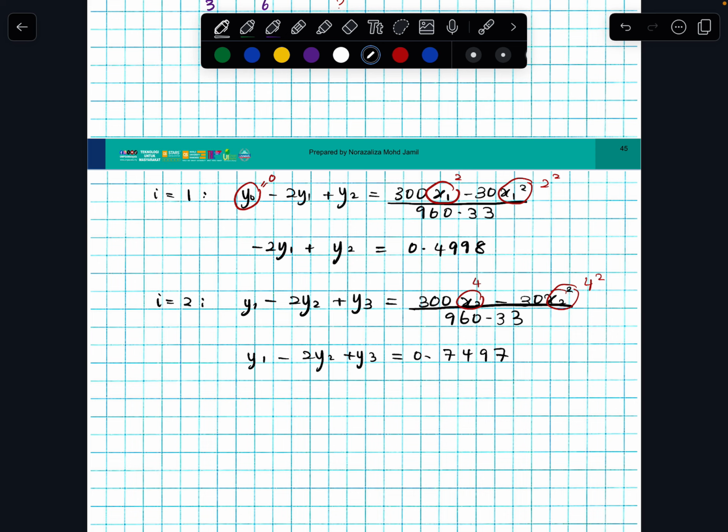Next is i equal to 3. Now it is x3. So look for each term. What we can replace here is x3, which is 6. This is 6 squared.